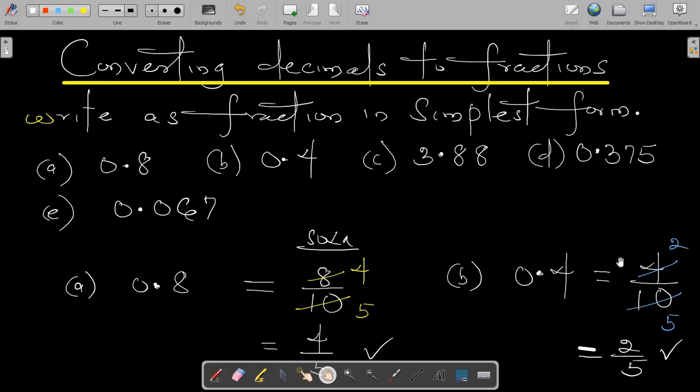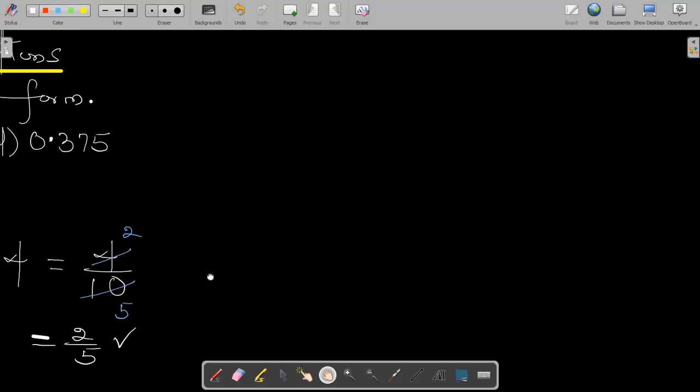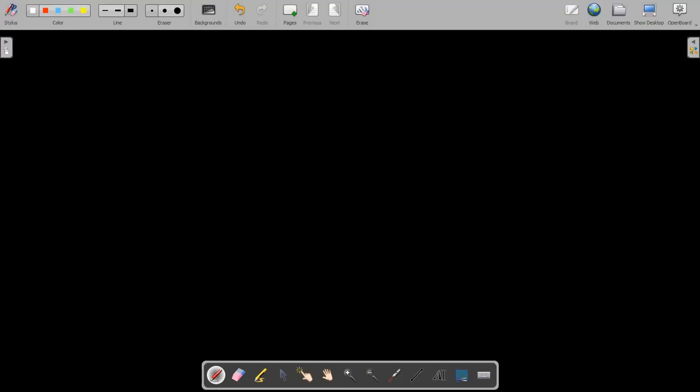So now let's move on to the third question, which is 3.88. Let's say we are given 3.88, which is the C part. I can definitely write this one as 388 divided by, the decimal point there represents 1, the 8 there represents 0, the other 8 now represents 0.